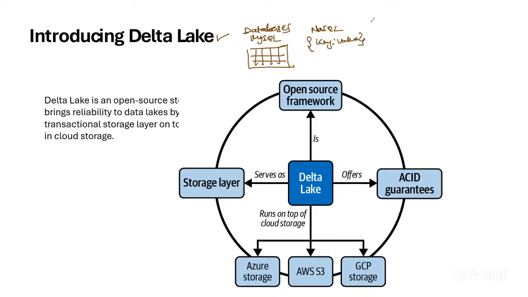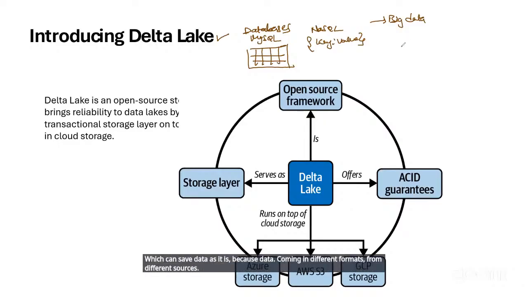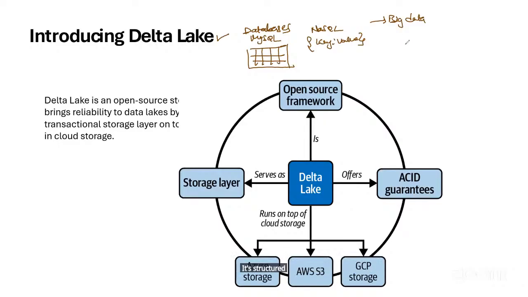Now, when data has transitioned into big data, only databases are not enough to save all the big data. We need storage solutions which can save data as it is, because data comes in different formats from different sources. It's structured, unstructured, semi-structured, and from multiple sources.